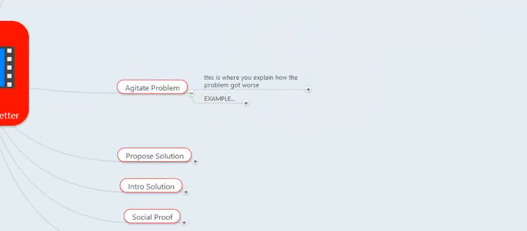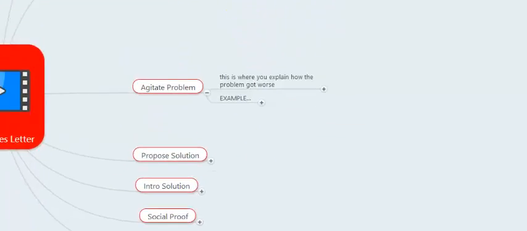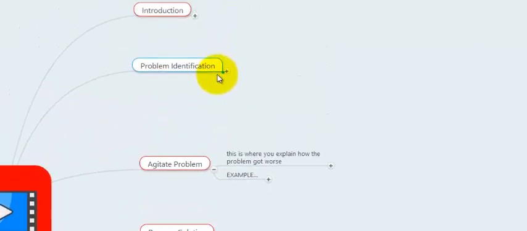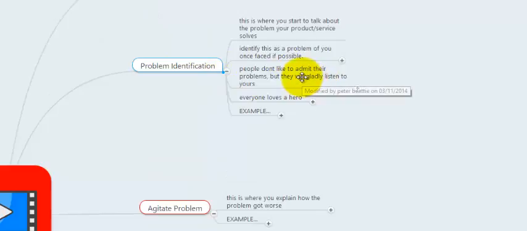No matter what your product or service is, there's always a way to do this. Just as another example, if you're pitching landscaping services, well, the problem could be that your yard looked terrible and people made fun of you all the time because your lawn was brown and it looked like crap.